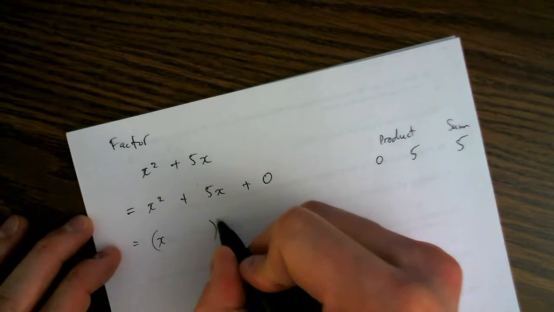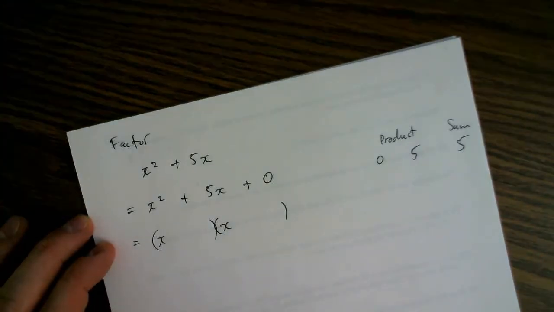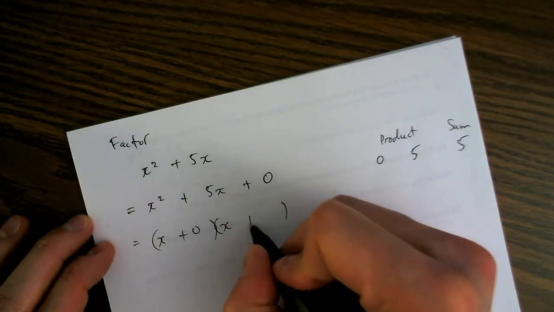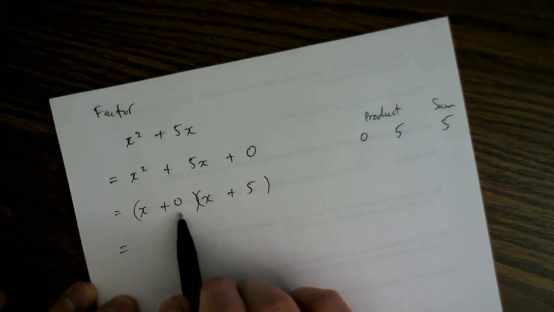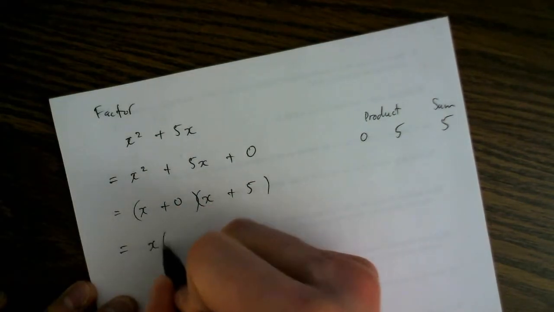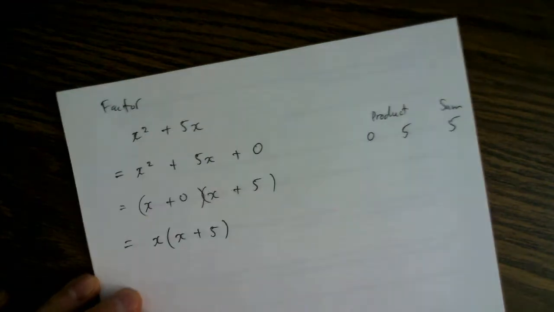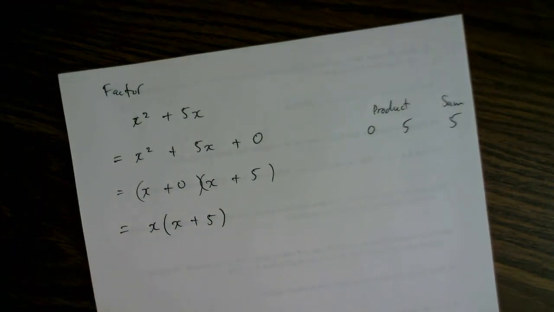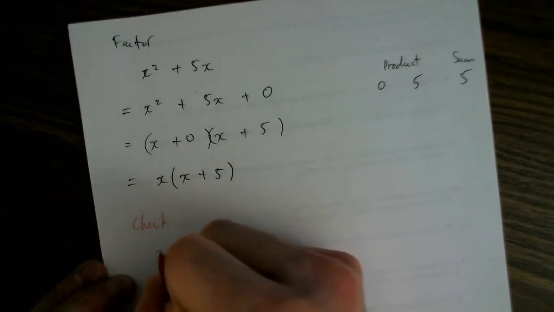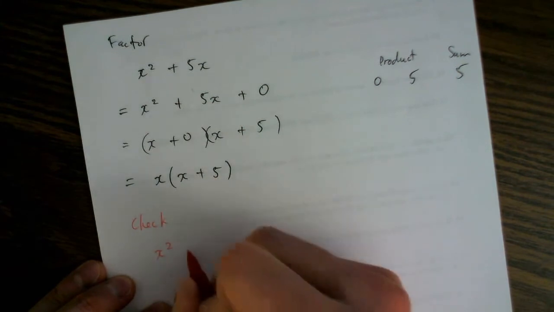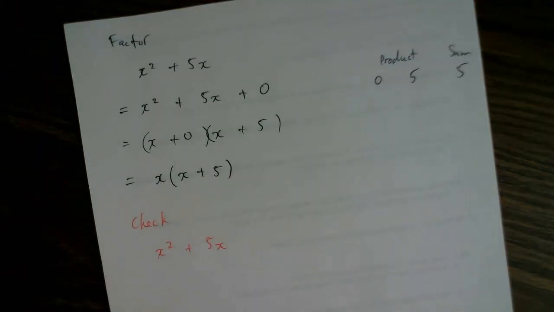And they add to 5. Now, x plus 0 is just x, so we would write it like this. You can do a check. x squared plus 5x.